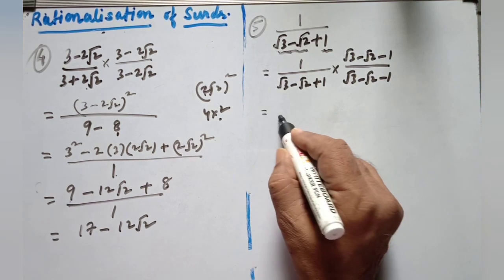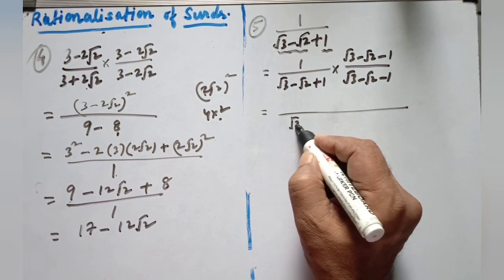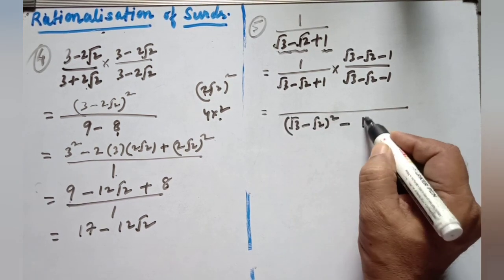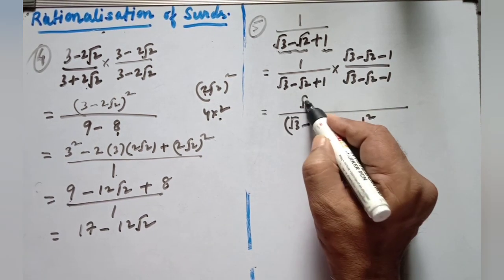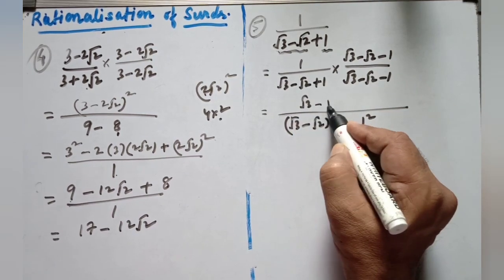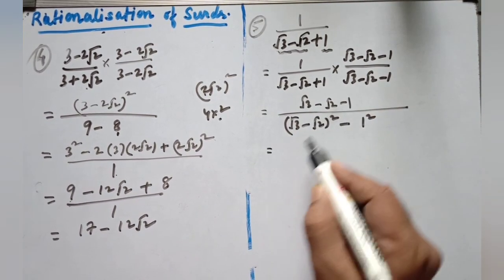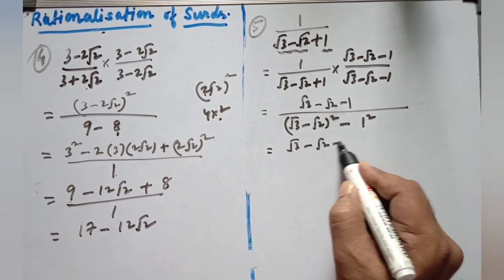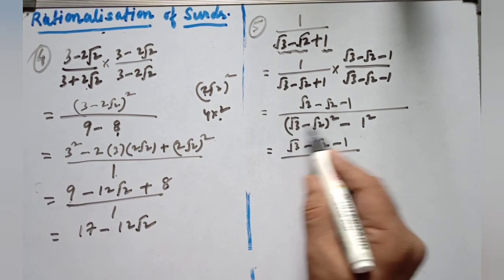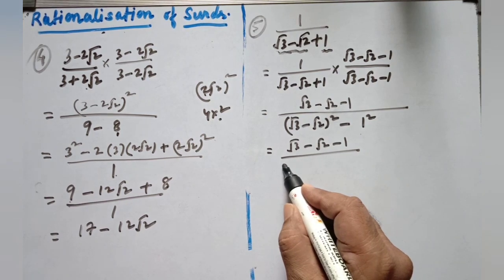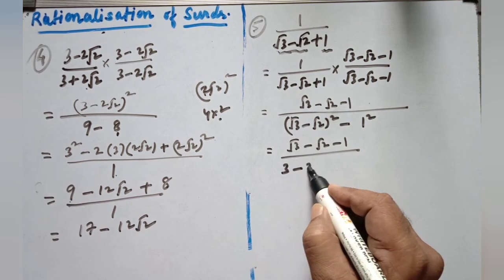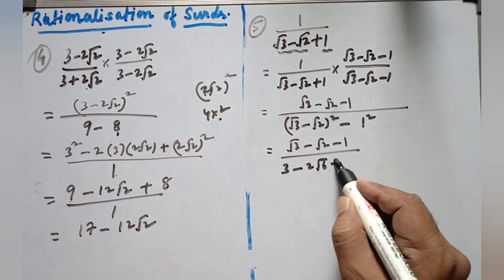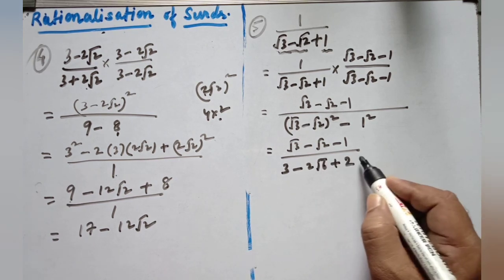So the denominator is root 3 minus root 2 whole square minus 1 square, and our numerator becomes 1 into this, so root 3 minus root 2 minus 1. Now you simplify the denominator. Root 3 square is 3 minus 2 into root 3 into root 2 is root 6 plus root 2 square is 2.